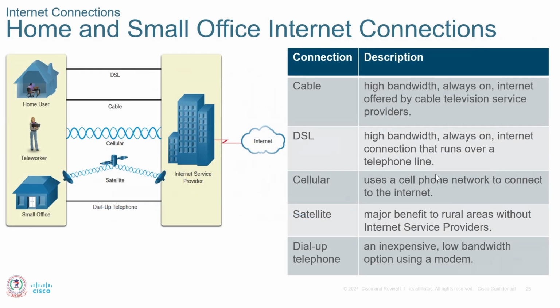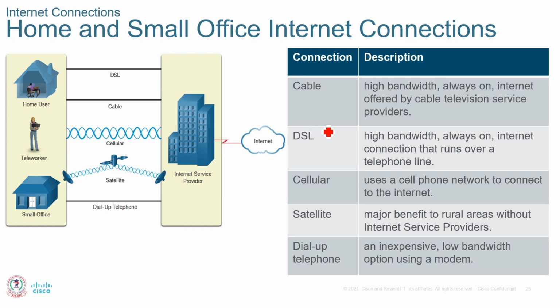So, home and small office internet connection. You see, a home user can use DSL, cable, cellular, satellite, and dial-up telephones.